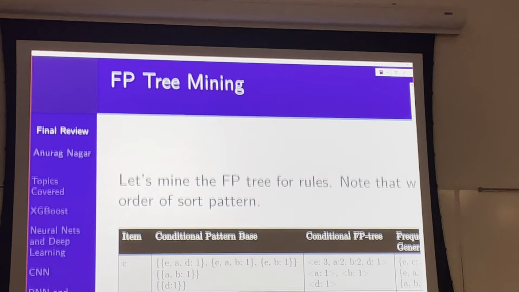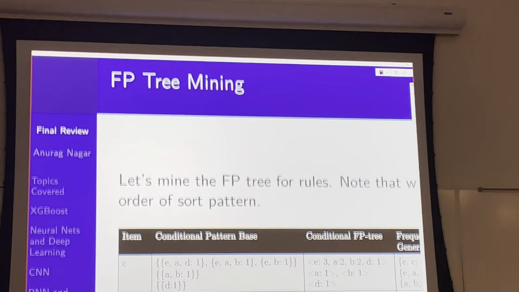Similarly, here, E occurs 3, 4, 5 times. E occurs 5 times. A occurs 4 times. B occurs 2 times. So you write down the frequency, how many times each occurs, and using this frequency, which is called the conditional pattern tree, conditional FP tree, since this is the pattern, you generate the possible combinations.